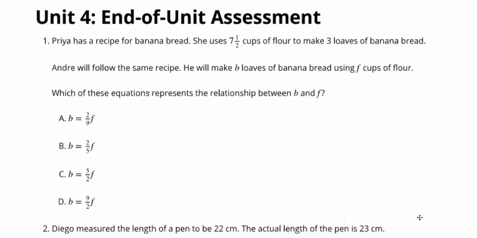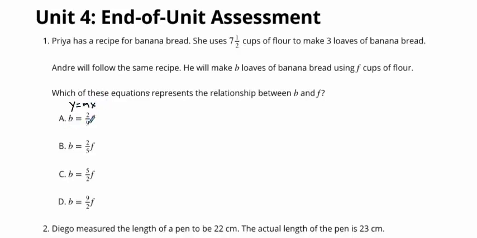So in order to solve this problem, we want to look at the problem as a whole. We want to understand what is actually going on. If you look at the equations it gives you to choose from, the structure is familiar. We know that the structure is a proportional relationship because our proportional equation is y is equal to mx.